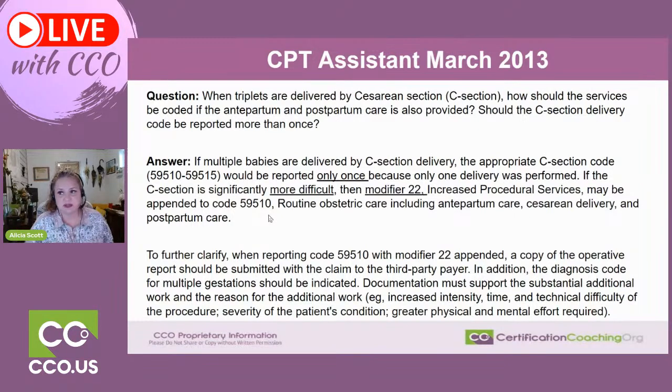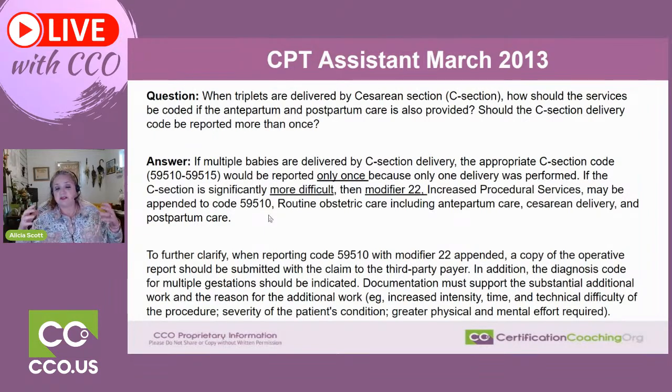Well, the answer is if you have multiple babies being delivered by C-section, the appropriate code that would be used, depending on those ones that we already looked at, 59510 through 59514, would be reported only once because only one delivery was performed.